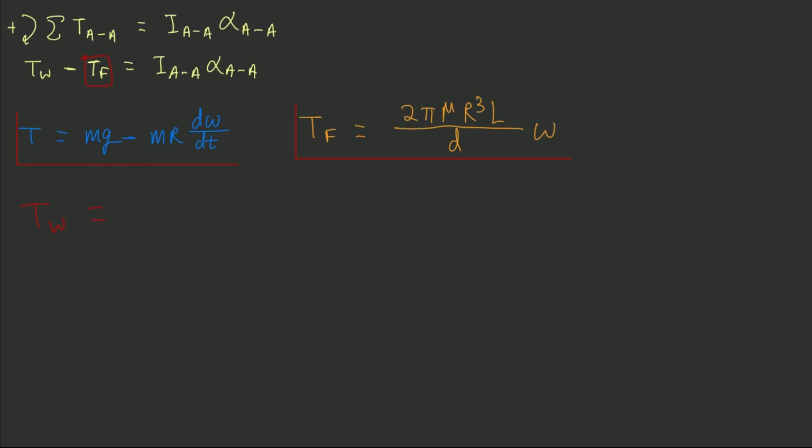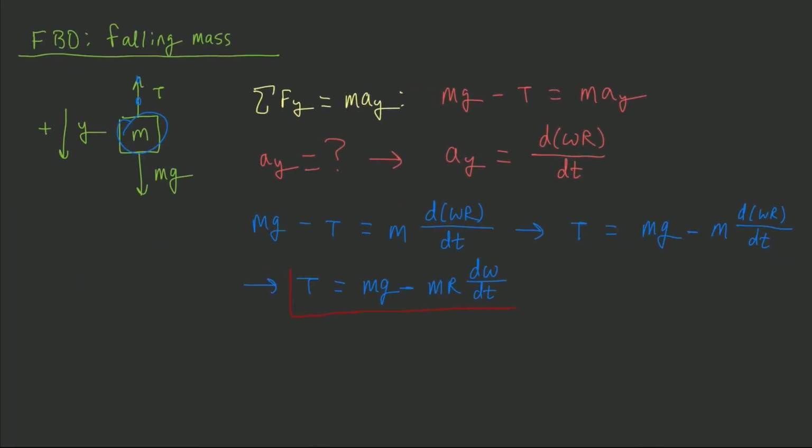Tw is equal to the magnitude of T times the moment arm of the tension in the rope, R. So that is equal to the magnitude, or the absolute value, of mg minus mr d omega dt r. So if you look at the free body diagram for the falling mass that we drew in the previous page, we're assuming that the object is accelerating positive down. So therefore, AY is positive.